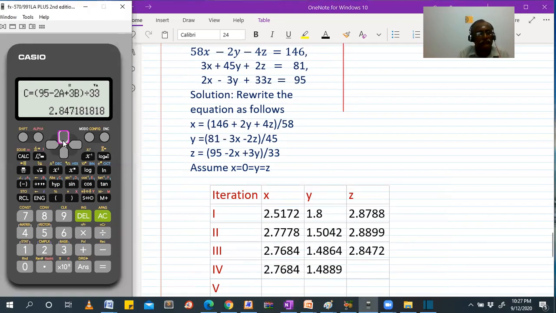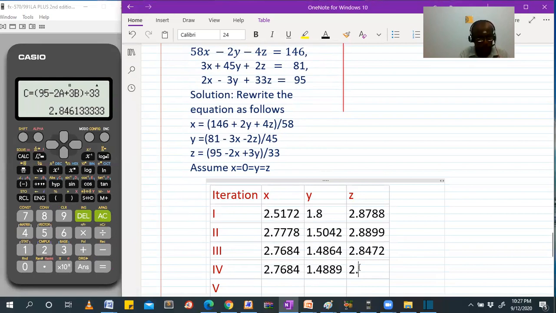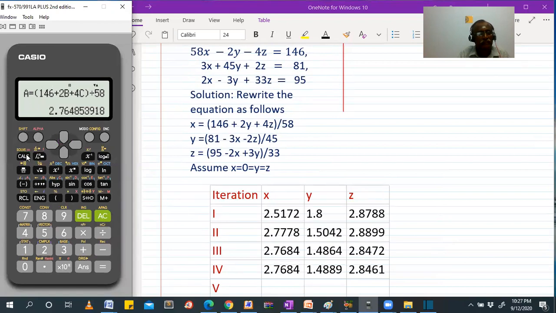Now c: calc a is 2.7684, b is 1.4864. So it is 2.8461. Repeat. Calc b is 1.4864, c is 2.8461.